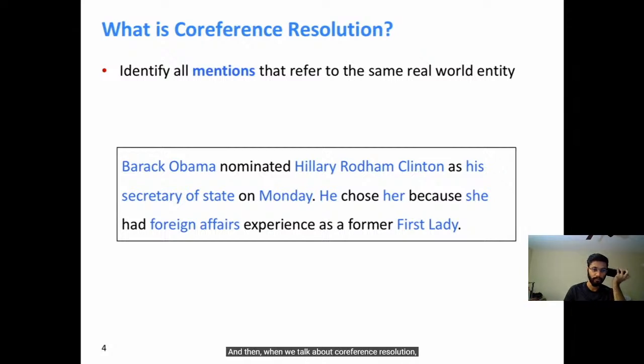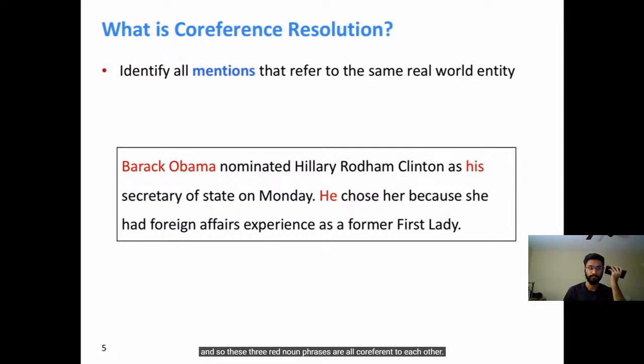And then when we talk about coreference resolution, the task that we want to do is say which of these mentions refer to the same entity, the same real thing in the world. So one entity that's mentioned in this text is Barack Obama, and then he's referred to later in the text as his and he.